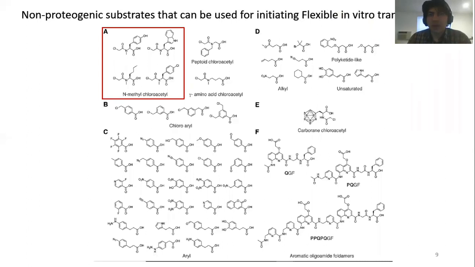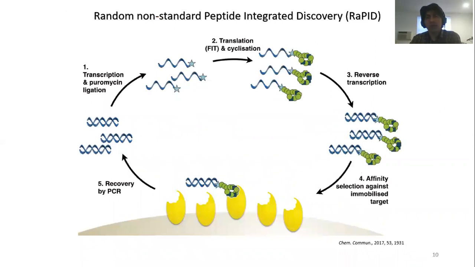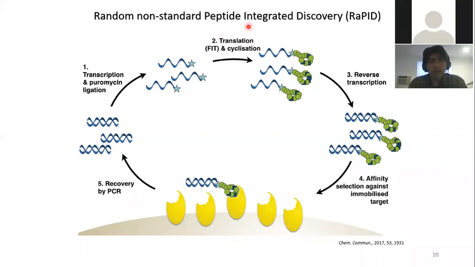Because they are using Flexizymes to incorporate these different non-proteogenic groups, this is called flexible in vitro translation. Now, how do you use this for drug discovery? When flexible in vitro translation is coupled with mRNA display, I'll discuss in this schematic diagram what mRNA display is.